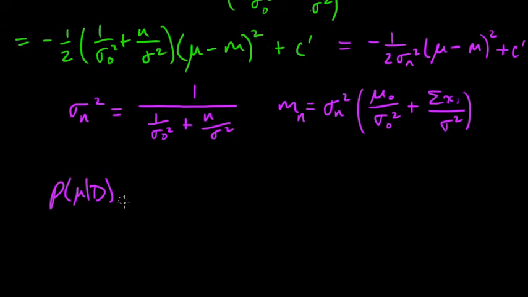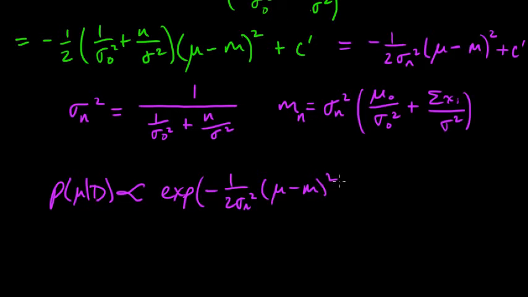I'll write it this way: probability of mu given the data is proportional to e to the minus 1 over 2 sigma n squared times mu minus mn squared.